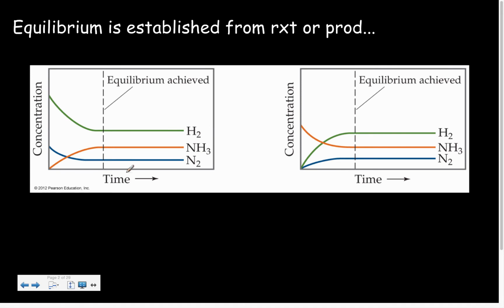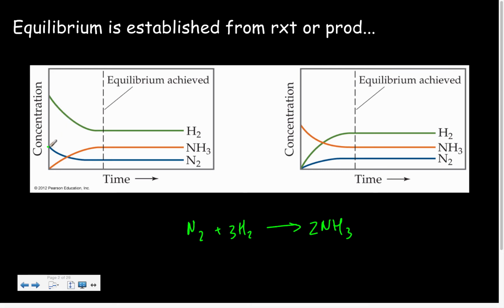Now, note that equilibrium is established whether we start with reactants, or we start with products, or we start with a mixture that allows us to go in either direction. Here, this is for the production of ammonia: N2 plus H2 to make NH3.